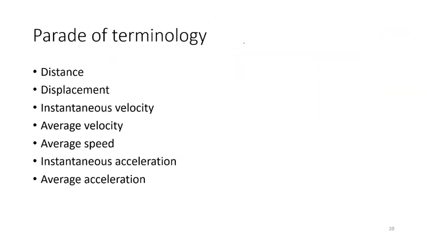With that in mind, we will look at a parade of terminology. So we have distance and we have displacement. We have instantaneous velocity, average velocity, average speed, and then instantaneous acceleration and average acceleration. Let's talk about these terms. The distance is, let me give you one simple example.